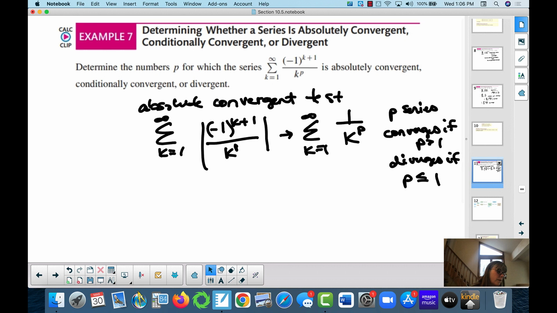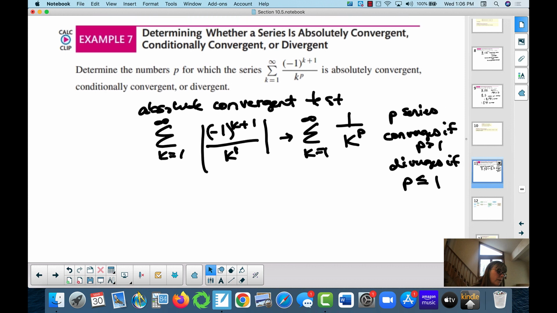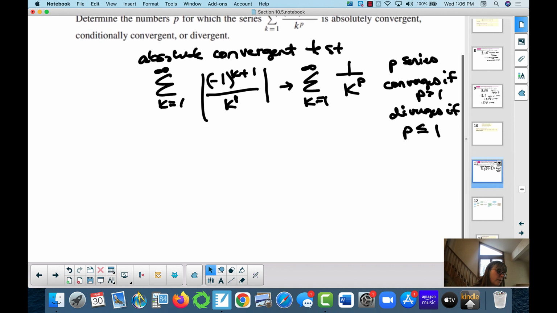Well, because it converges if p is greater than 1, then we know this series converges if p is greater than 1. But we don't know what happens if p is less than or equal to 1. So for that part, we're going to use the alternating series test.